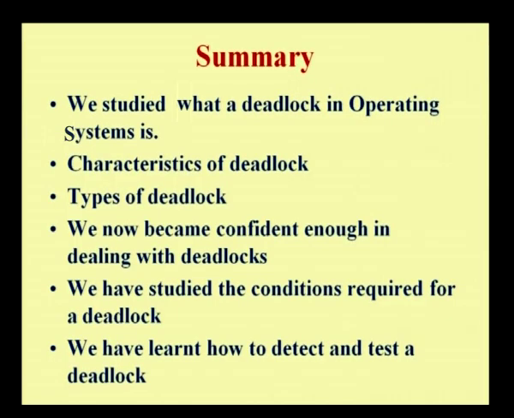I suppose you remember the two types of deadlock. We have also studied the conditions required for a deadlock to happen, and learned how to detect and test for a deadlock situation.